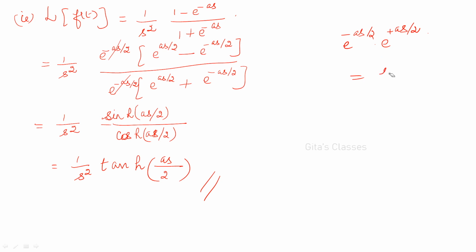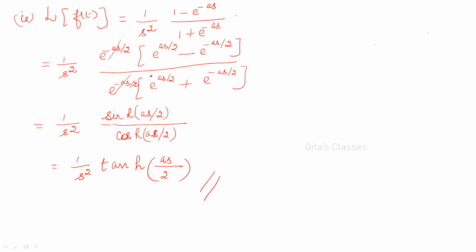E power 0, it is 1, right? E power minus as by 2 plus as by 2, those two will get cancelled. You will be getting e power 0, that is 1. And if you multiply this, you will be getting e power minus as. So whenever you are taking it outside, check whether you are doing it correctly or not.